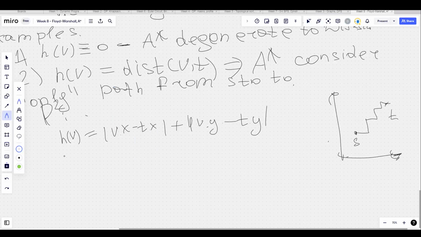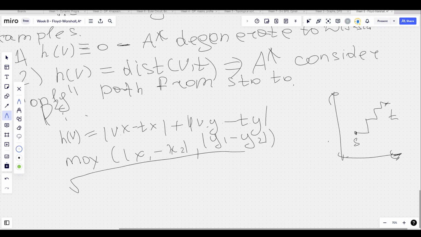So let me just write like this: the absolute value of x minus x1 plus the absolute value of y minus y1, and the usual Euclid distance.